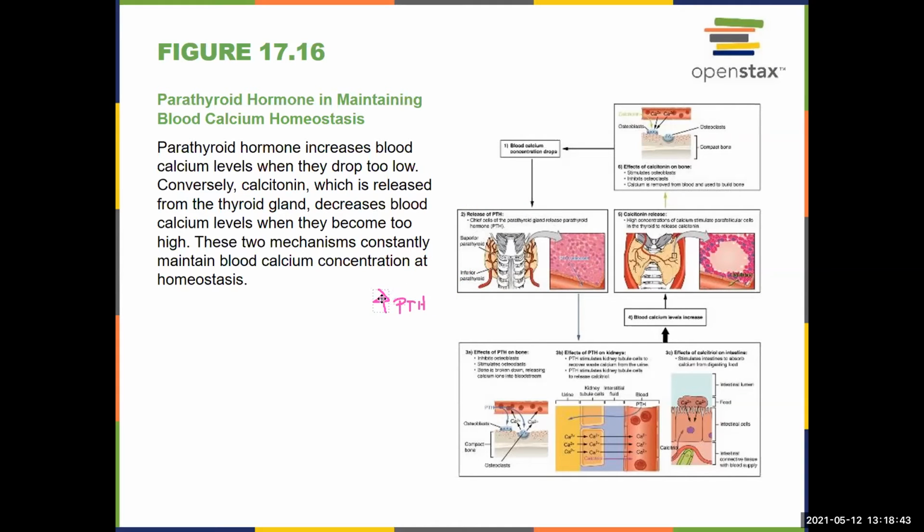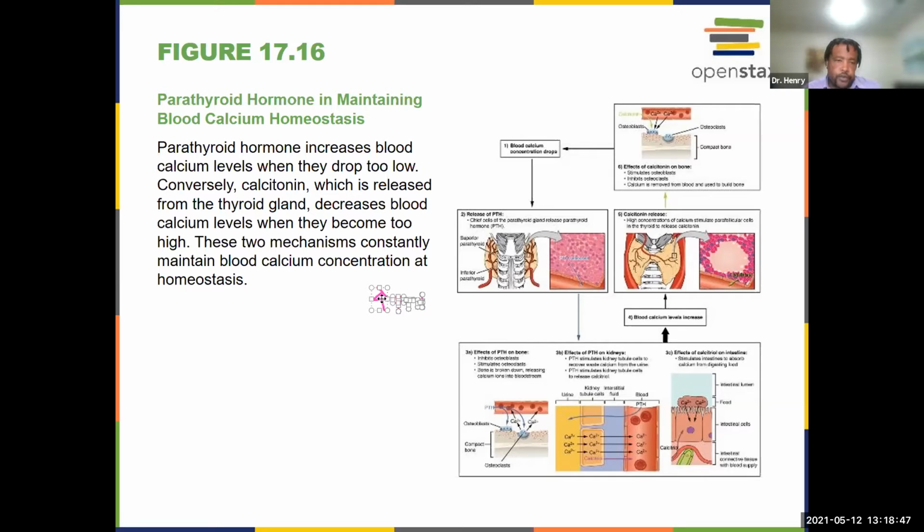The glands will grow, right? Okay, so typically as a result of that, the glands are going to get bigger. They're going to be inflamed because they're generating way too much of that particular hormone, and they're overactive. That's true. But what's going to happen downstream? What is going to be the effects of having too much PTH?